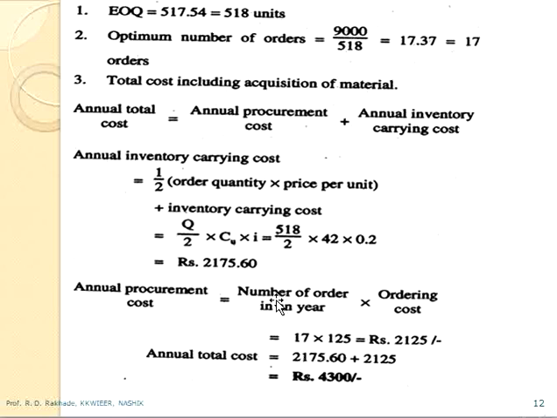So that 17 is nothing but the number of orders in a year, into ordering cost, or we can say CP. So 17 into 125 equals 2125. The summation of these two, that is inventory carrying cost and procurement cost, gives us total annual cost 4,300 rupees.